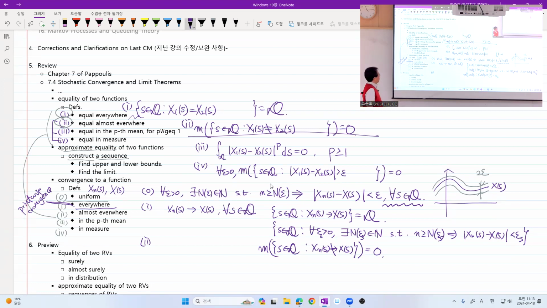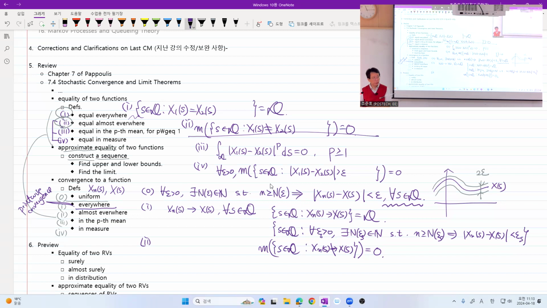So you take the points in the domain on which the sequence of real numbers does not converge to the real number evaluated by the function x at that specific s. And then if the measure of this set is 0, still you are happy and say that the sequence of functions converges almost everywhere. Got it?